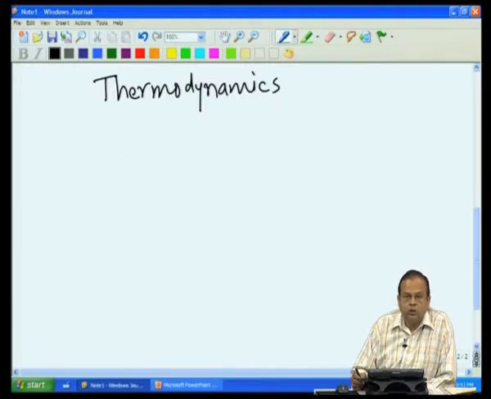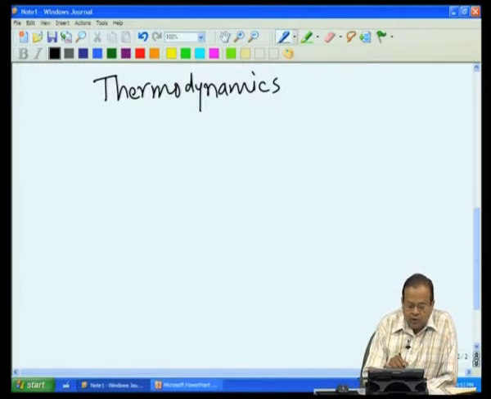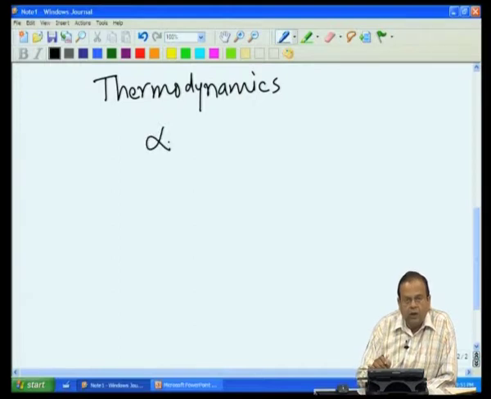How do we measure the progress of a reaction? We defined a variable alpha as the extent of reaction, and then tried to seek what will be the limit on this extent of reaction when we have a chemical reaction such as summation nu_j A_j equal to 0.